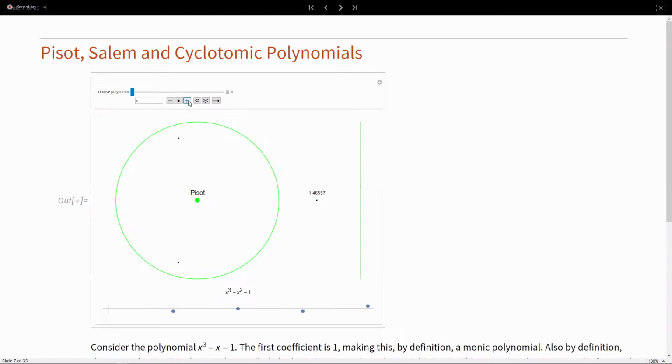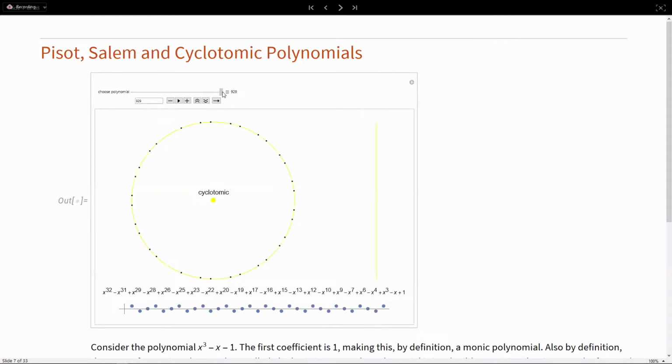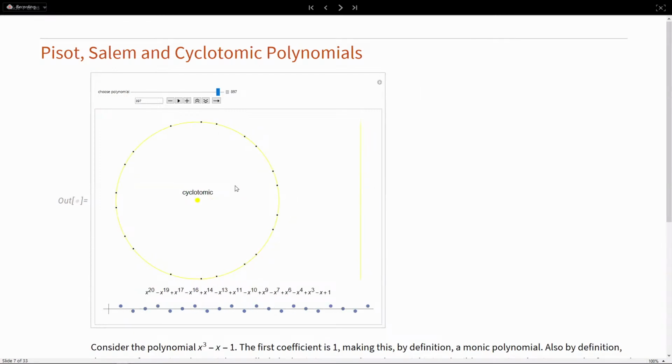And here's the super golden ratio here. They're all small Pisot numbers. So I started looking for various Pisot numbers, which happen to have nice solutions. Salem polynomials, those have one real root outside and one inside, and all the rest of the roots are on the unit circle. And also there's the cyclotomic polynomials, where all the roots are on the unit circle. So I figured I should look at all of these types of polynomials for special geometries.